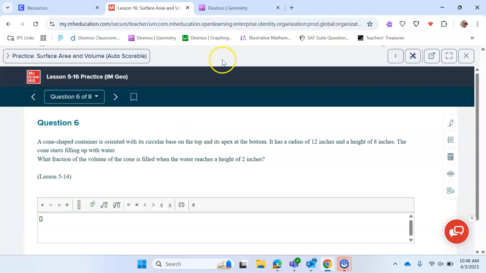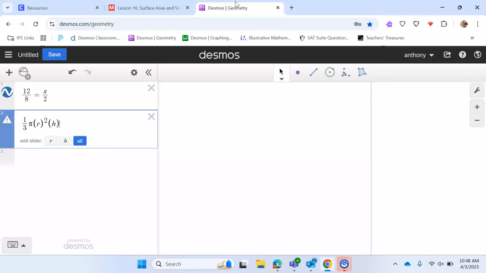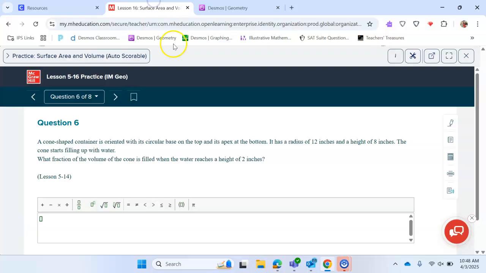So a cone is 1/3 the area of the base, which is pi r squared, times its height. The original one has a radius of 12 and a height of 8.